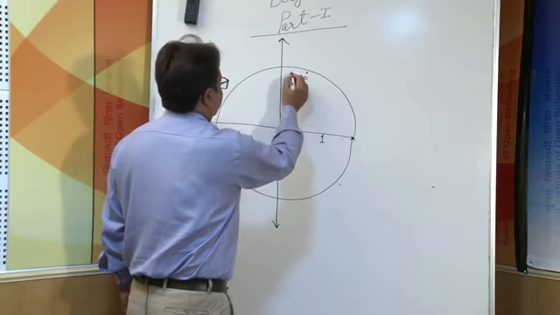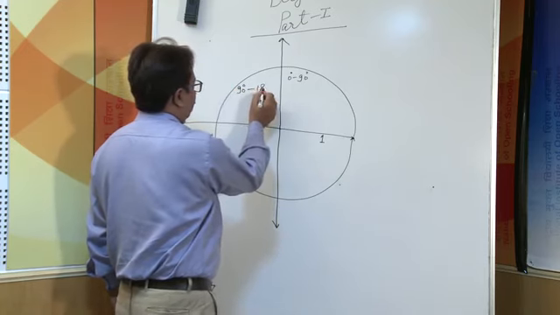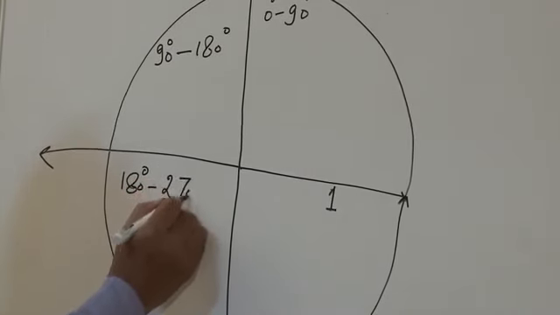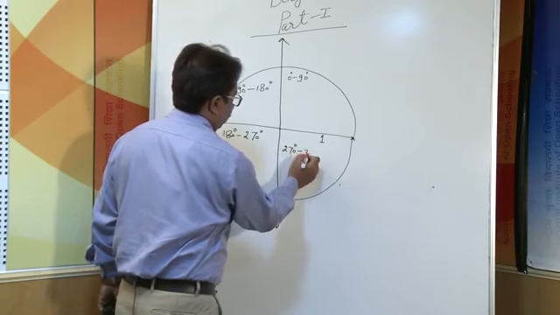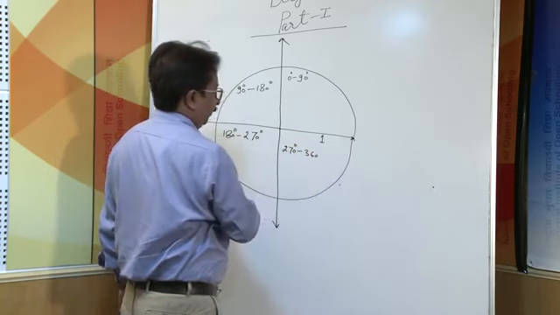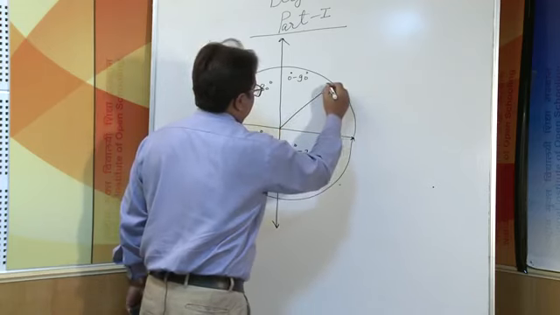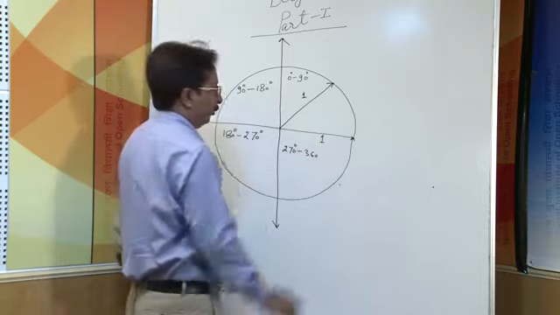it is divided as 0 degree to 90 degree, 90 degree to 180 degree, 180 degree to 270 degree, 270 degree to 360 degree. Like this, this is also radius and it is also of 1 unit.